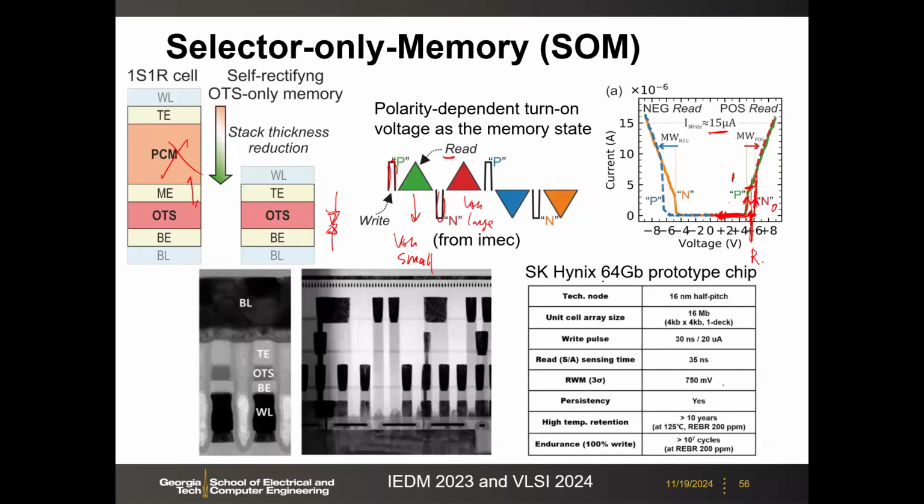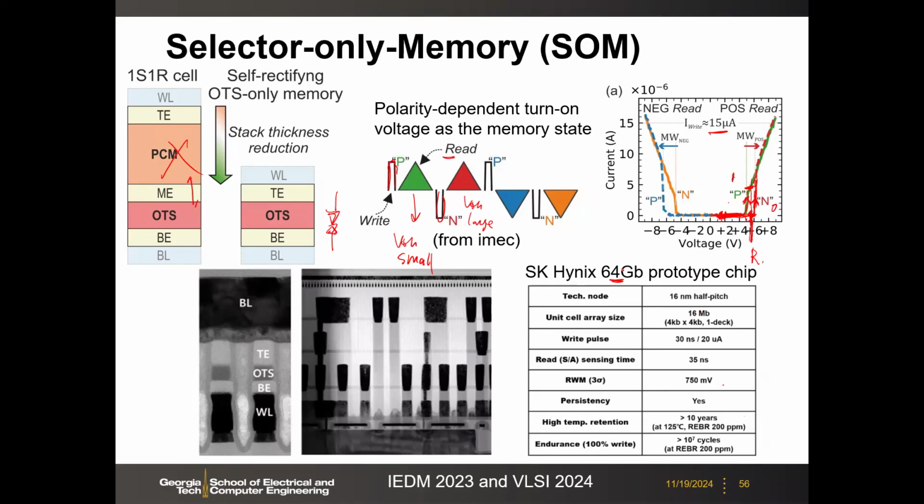So here SK Hynix demonstrated a very nice prototype chip, I think at last year's IEDM and this year's VLSI. And Samsung, I think, will also showcase their work at the upcoming IEDM 24. At least from SK's chip, the total chip size is 64 gigabits.